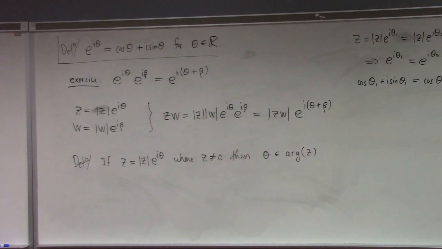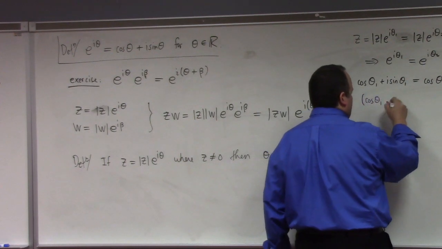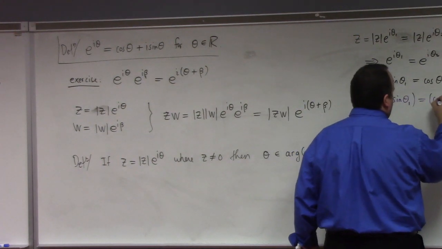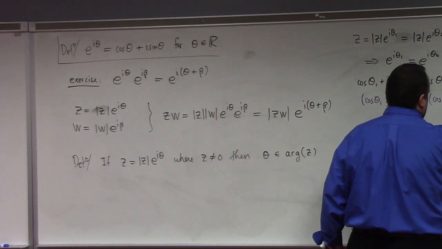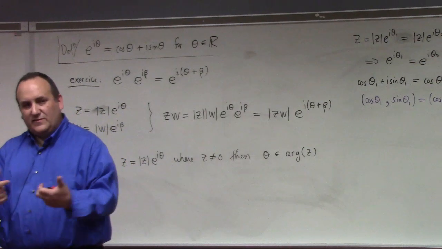Someone just told me cosine and sine are 2 pi periodic, but I would point out that this equality is a complex equality. It gives us two things. We just don't want to write everything in this notation, it would be a drudgery, but it is the equation of two-dimensional vectors.